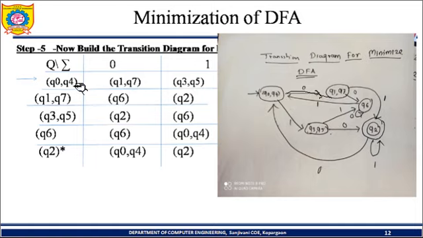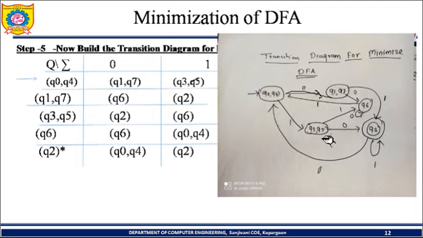On input 1, Q0 Q4 goes to Q3 only, so it is in the Q3 Q5 block. Q1 Q7 on 0 goes to Q6, so here I have shown it the same way. Q1 Q7 on 1 goes to Q2. Q2 is a final state, so it is shown using a double circle.